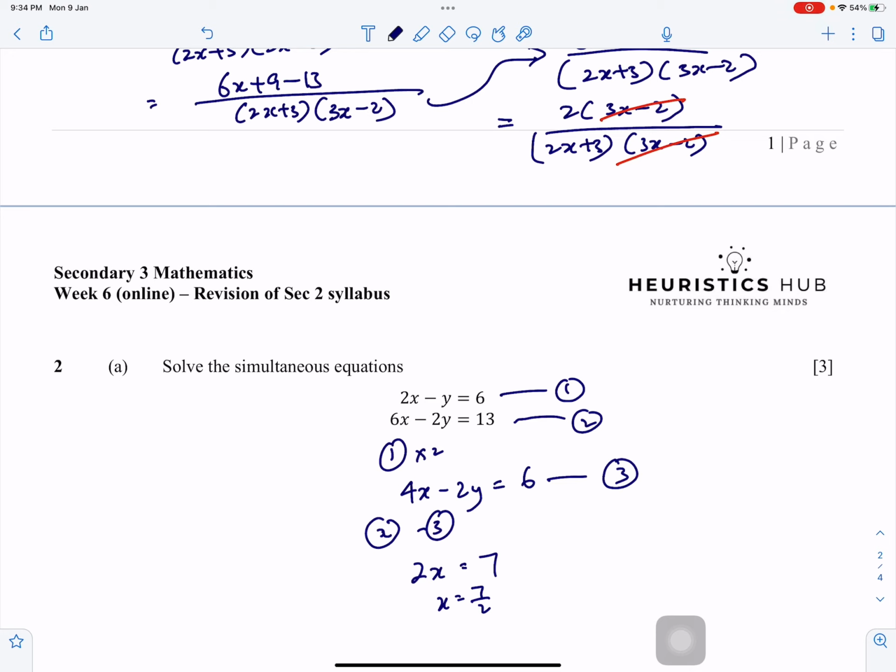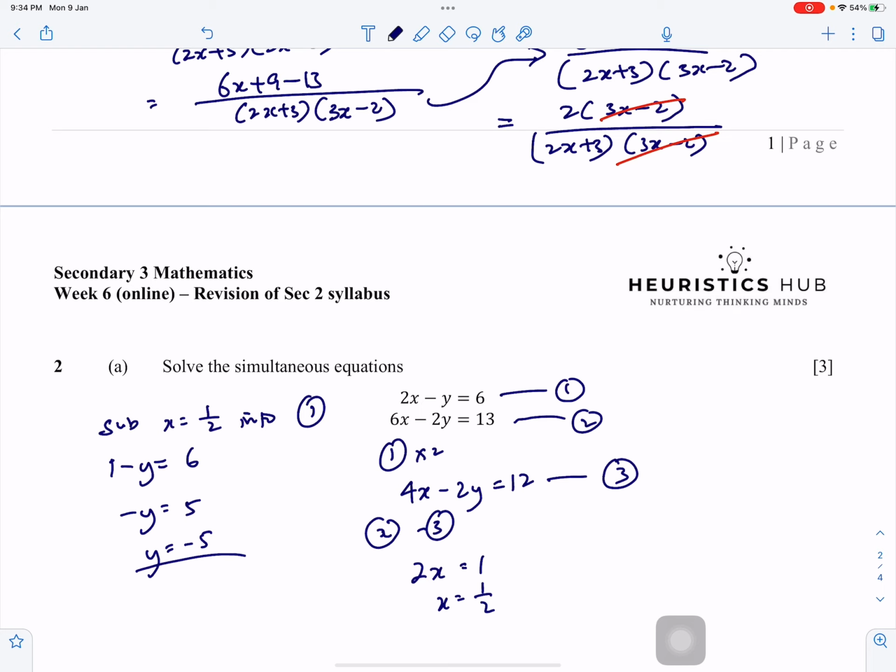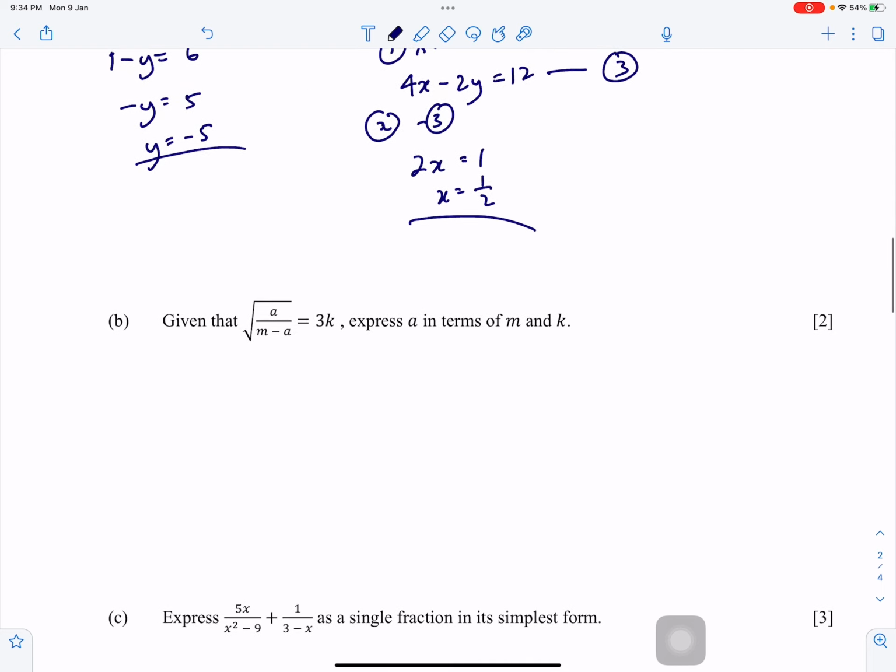Oh, I think I made a mistake. Why did I make a mistake? Because I forgot to multiply by 2. So x equals half. Substitute x equals half into equation 1, and there you go. Easy question. Let's move on to the next question.